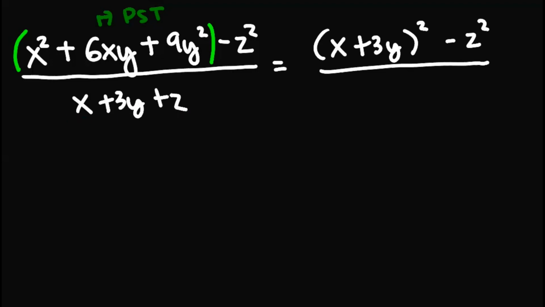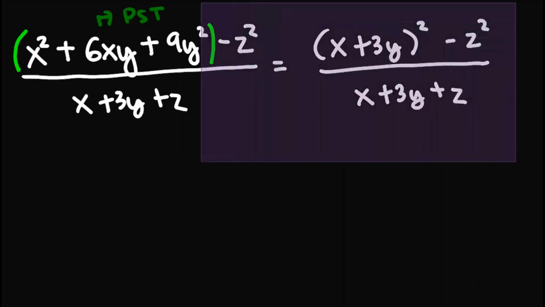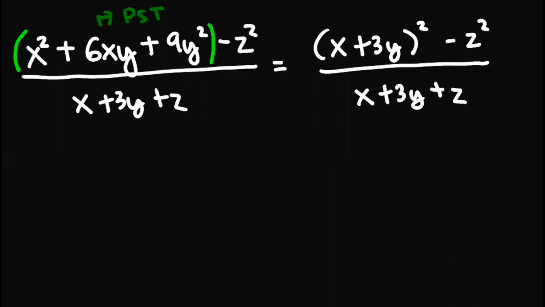So the denominator will become x plus 3y plus z still. Let's move this one.